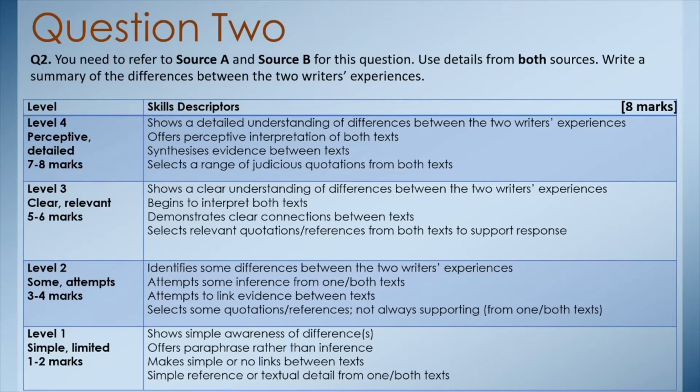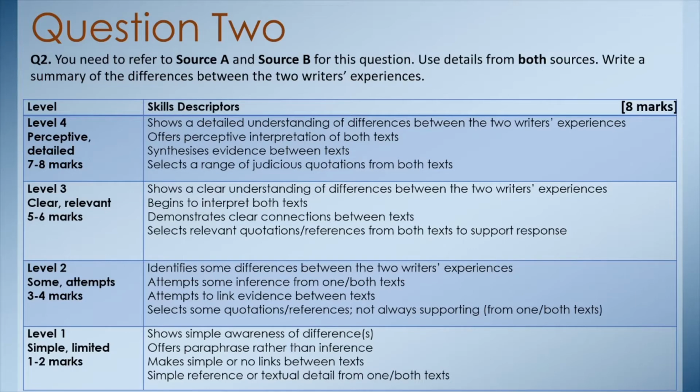Show a detailed understanding of differences between the two writers' experiences, and this is where your inferences will really help you to hit that mark. Offer perceptive interpretation of both texts, that sort of deeper meaning, deeper understanding of the text. Synthesise evidence between texts, so in other words, you are picking out that key information from both the texts and you are using quotes from each of them.